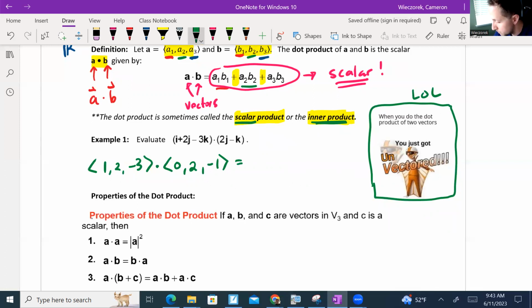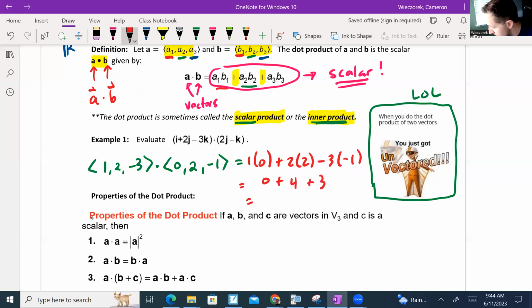All we're going to do is multiply the components together piece by piece, and take the sum of those products. 1 times 0 plus 2 times 2 plus negative 3 times negative 1 would be 0 plus 4 plus 3, which gives us a dot product of 7. It's pretty quick to compute.